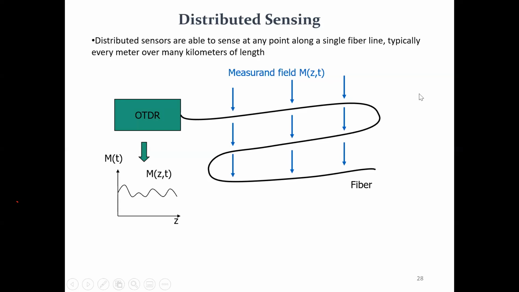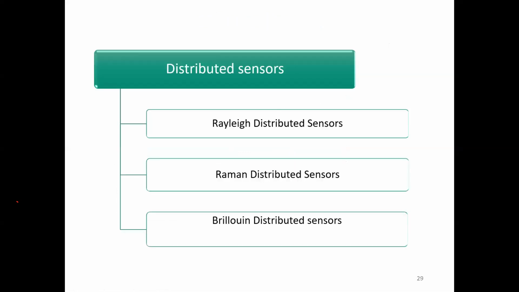That reflected light we change into a usable parameter. With this reflected light portion, we can sense temperature, pressure, vibrations, and all these things. For that we require an instrument called the OTDR: phase OTDR, coherent OTDR, or Rayleigh OTDR. I'll explain this in more detail.